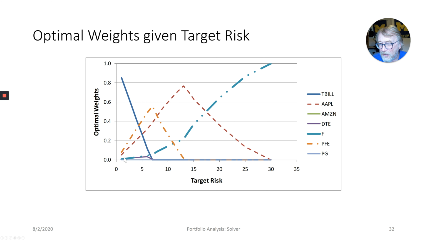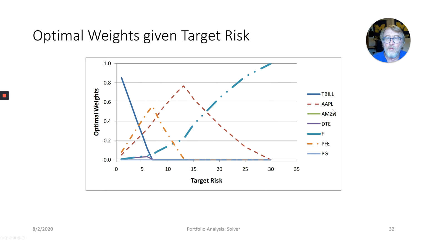And if you're very low risk, like 1%, then you're going to put almost all your investment into T-bills. A little bit into Pfizer, a little bit into Apple, and then some into Detroit Edison. But as you increase your risk tolerance, you put less and less money into T-bills, right? It goes down, the weight goes down.